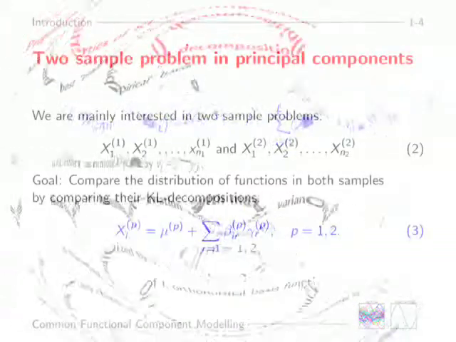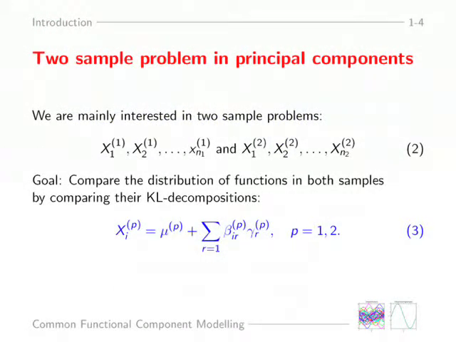Okay, so now what we consider here is a little bit two sample problems, that we have not one sample of curves, but two. And we want to compare the distributions of these curve samples. So we have sample 1, say, consisting of n1 curves, sample 2 consisting of n2 curves. At the moment here, just assume we have the curves, okay? You know them.